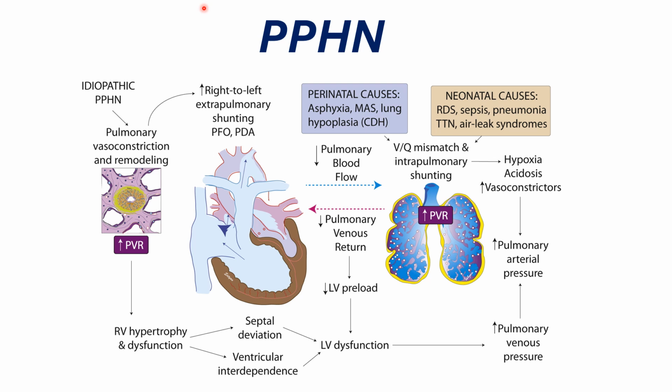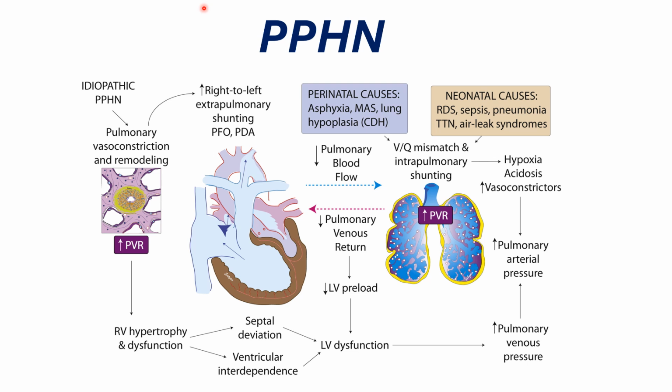And at birth, as we already know, lungs expand, the pulmonary vascular resistance drops, and pulmonary blood flow increases. Moreover, there is a functional closure of the foramen ovale and ductus arteriosus. In PPHN, the pulmonary vascular resistance remains high, maintaining a right to left shunting.